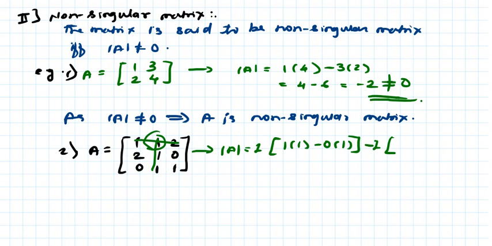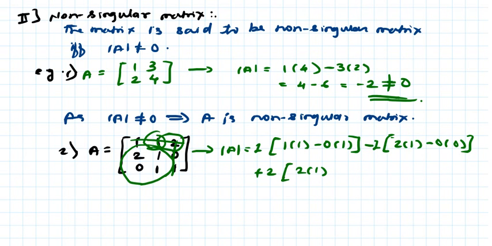Take its determinant: 2 into 1 minus 0 into 0... plus, now this 2, hide this row and column, what remains is this submatrix. Its determinant is 2 into 1 minus 1 into 0.